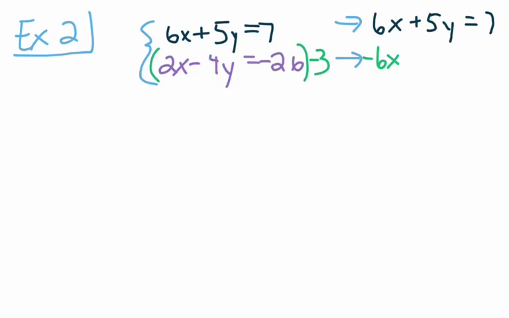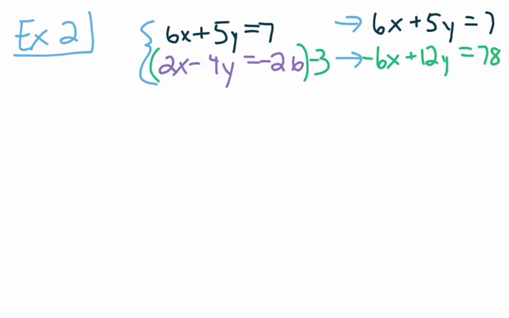Negative times a negative, remember what happens, negative times a negative becomes positive. So I'm going to have plus 12y, and that's going to be equal to, now -3 times -26 is going to give me, again, negative times a negative, is going to give me positive 78. I hope it's 78. Alright, 78 is correct.